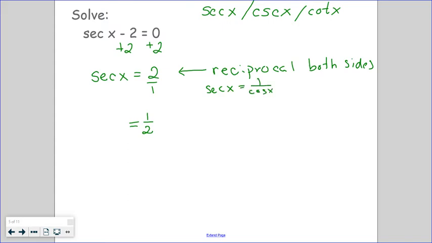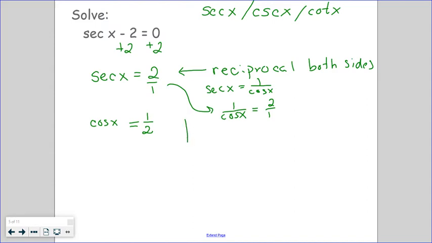So its reciprocal would just be cosine of x, and we can do that for any of those three. So the reciprocal of secant is cosine. I've now turned both of those fractions upside down. Doing this the longer route, I could replace secant with 1 over cosine of x equals 2 over 1, and then you can see that we're really just turning both sides of that fraction upside down to get cosine x equals 1/2.